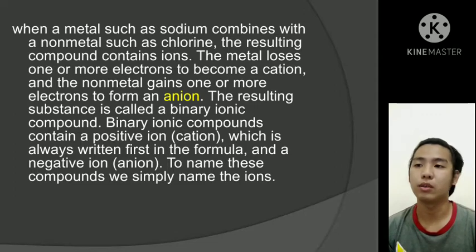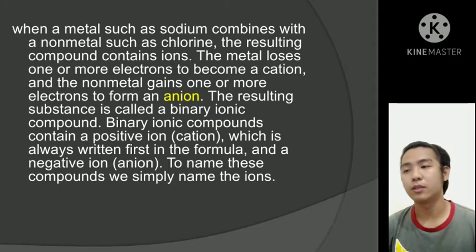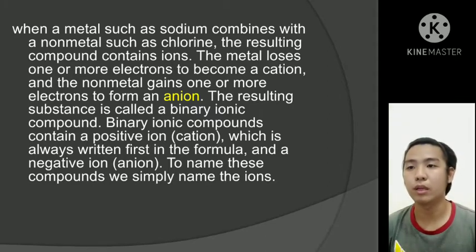The metal loses one or more electrons to become a cation, and the nonmetal gains one or more electrons to form an anion. When the electrons are transferred to the other element, it creates another component. The resulting substance is called a binary ionic compound.